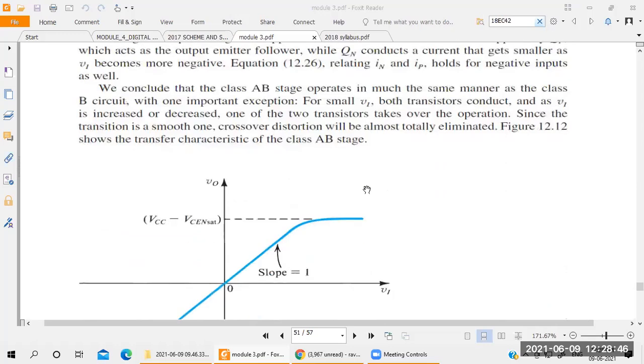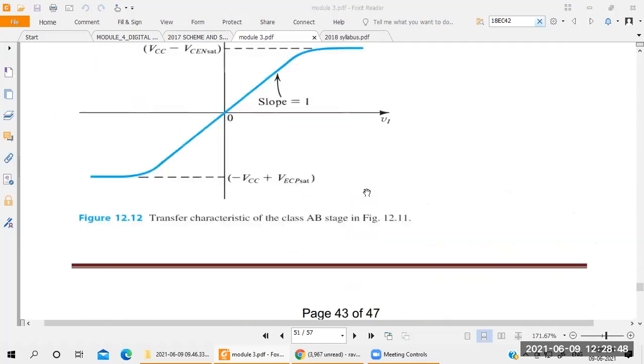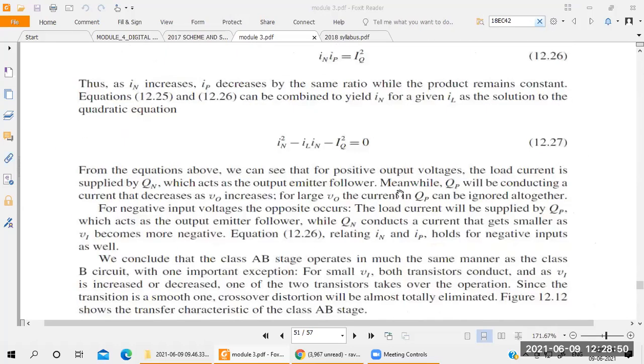I have to simplify this one here. Understood? Here they have not given any simplification. You just combine these two here. This one is the quadratic equation. So what does this equation indicate? Here you can see the positive voltage across the load current from the NPN transistor, because it acts as an emitter follower circuit. What about the PNP transistor here?